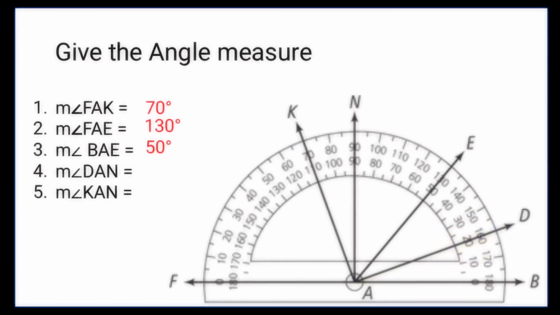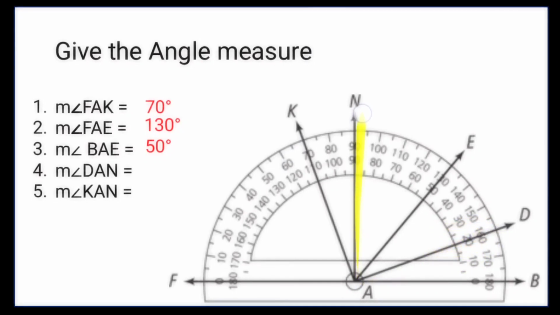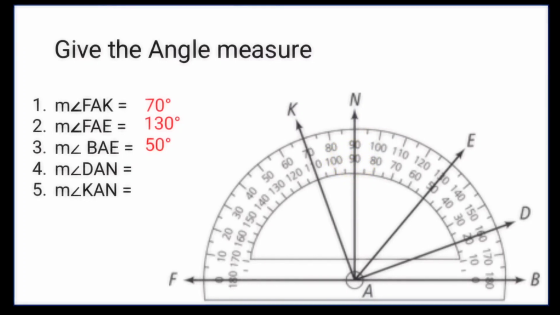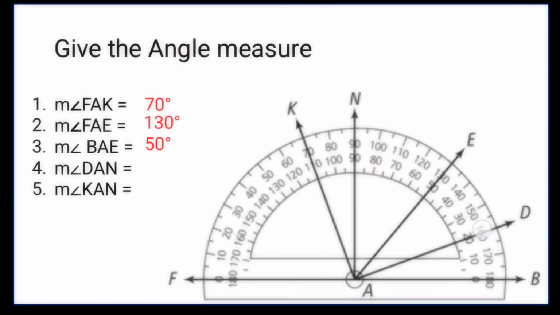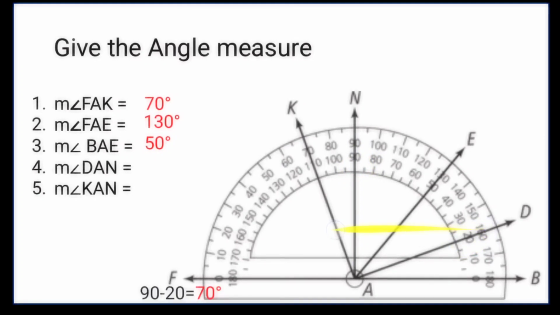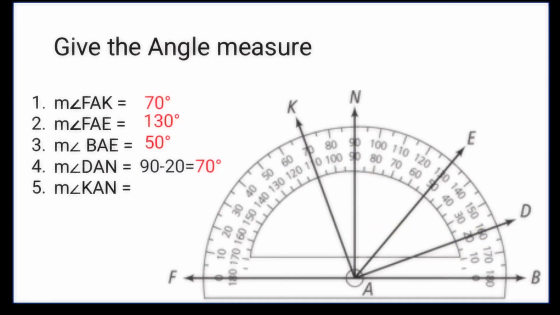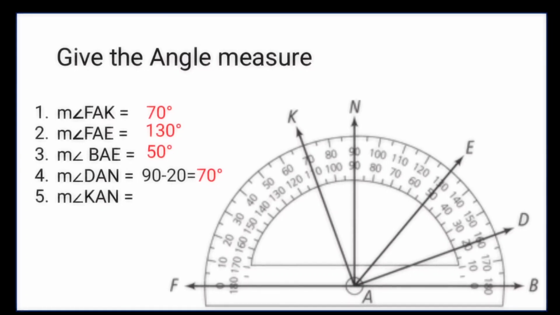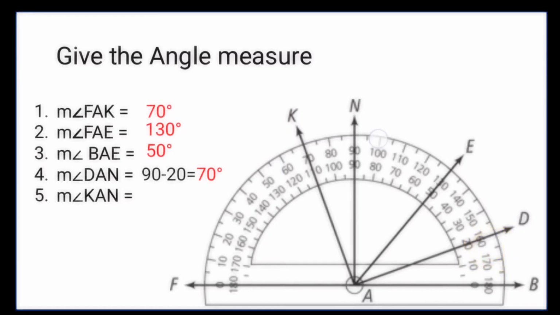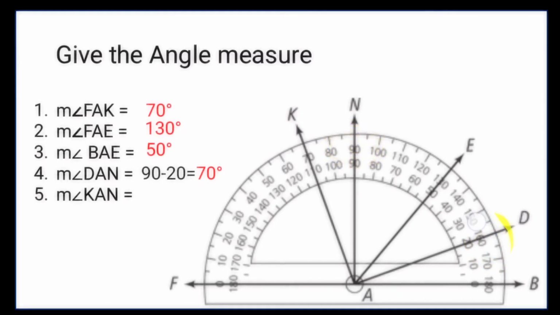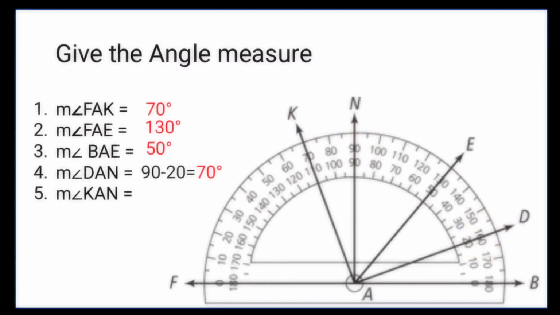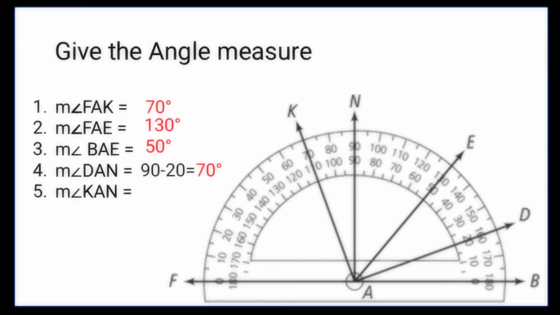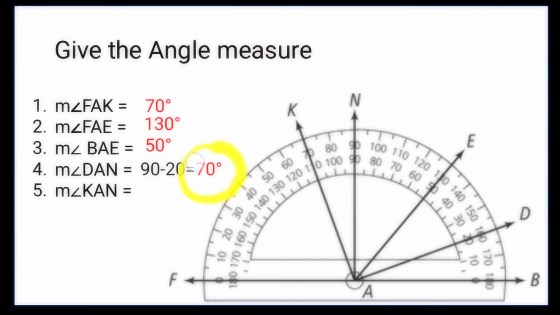On this side, we have 20, and on this side, we have 90. So in that case, you have to subtract 90 minus 20, and that is 70 degrees. Or just get the outer scale here and outer scale here. So 90 and 160. In that case, let's subtract 160 minus 90, which is also 70 degrees.